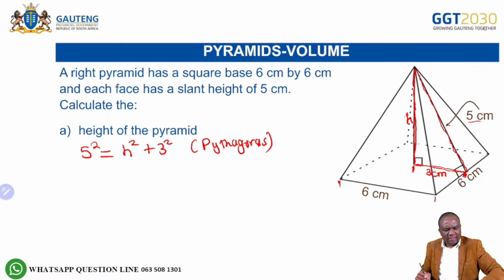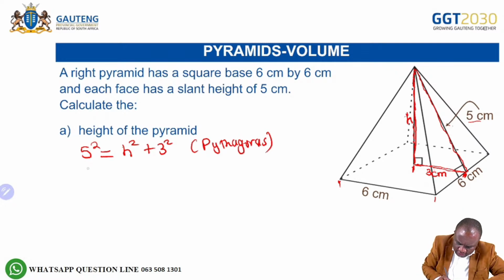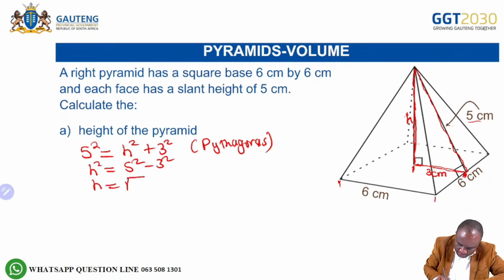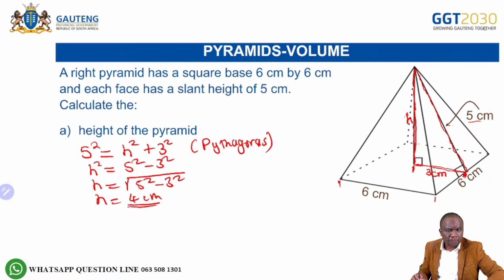You can also start from here: h squared is equal to 5 squared minus 3 squared. Then write your reason, Pythagoras. It means height is going to be the square root of 5 squared minus 3 squared, which is equal to 4. So the height of the pyramid is 4 centimeters.